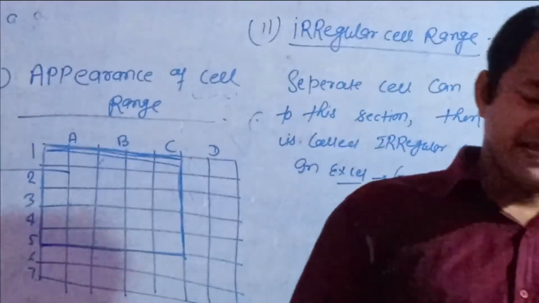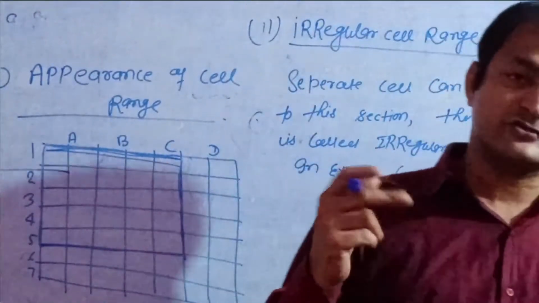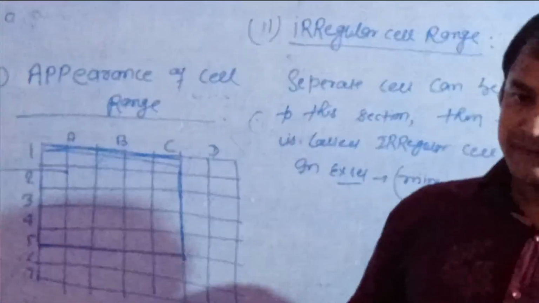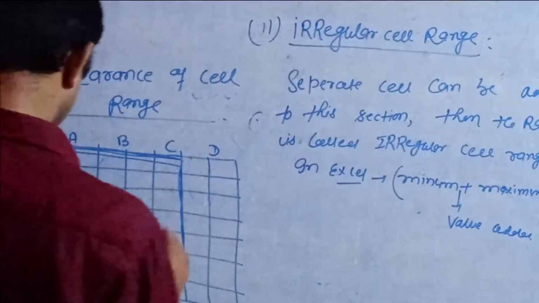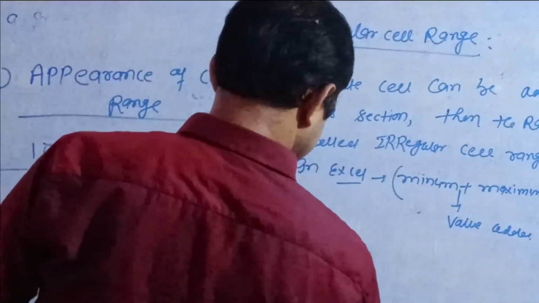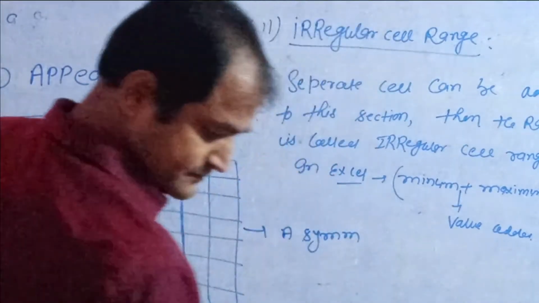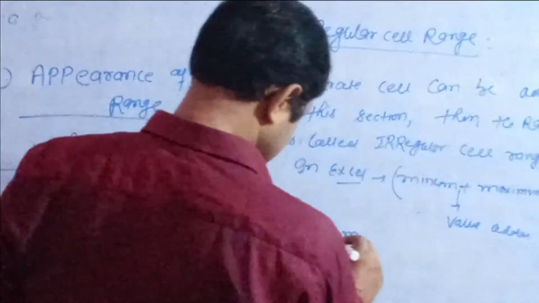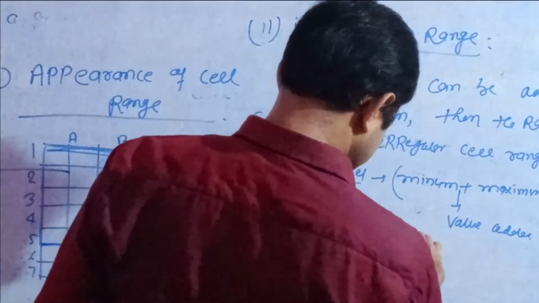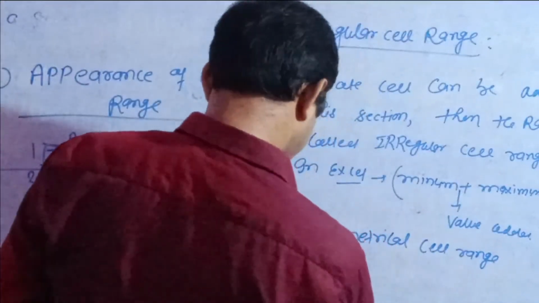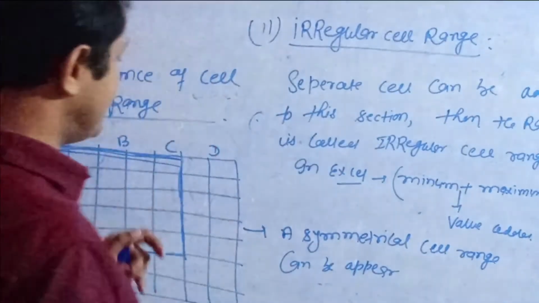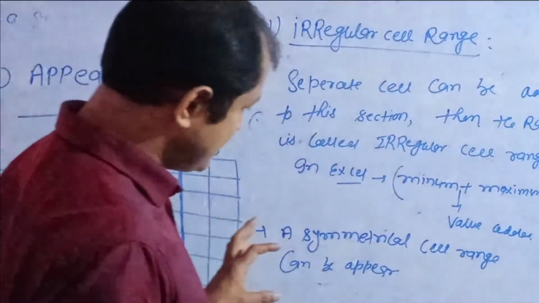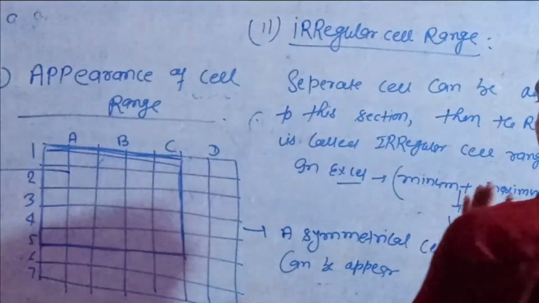That means a symmetrical cell range. Symmetrical means a square. This is the square. A symmetrical cell range can appear. Appearance of cell is totally present in the symmetrical cell range.